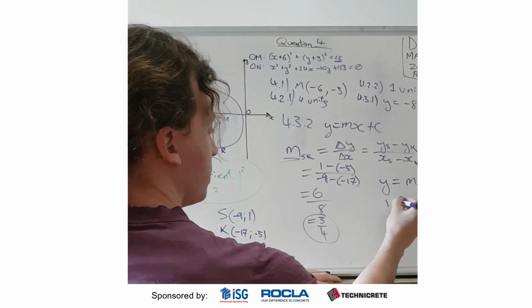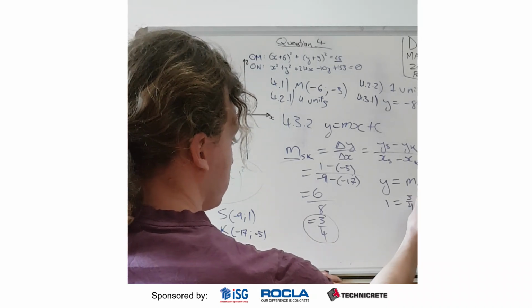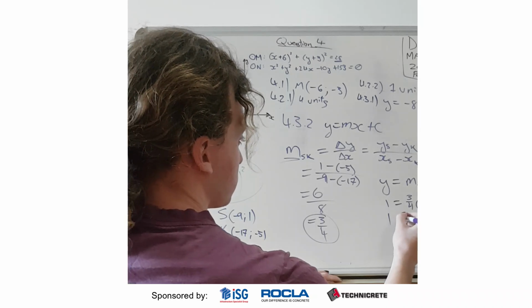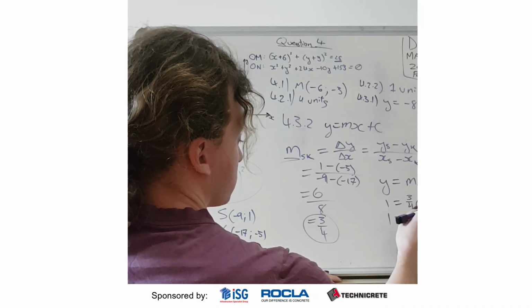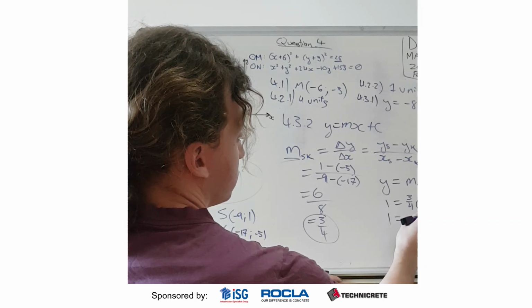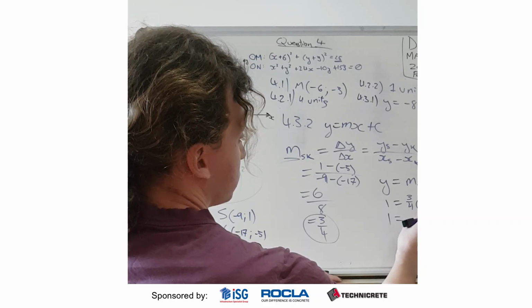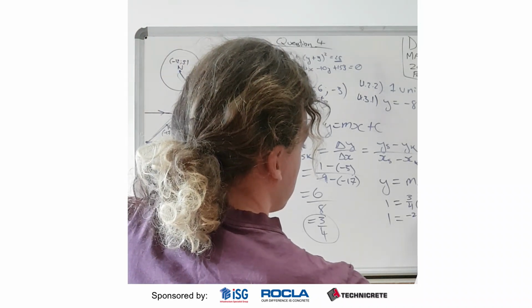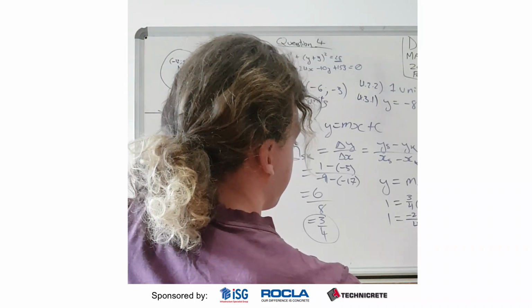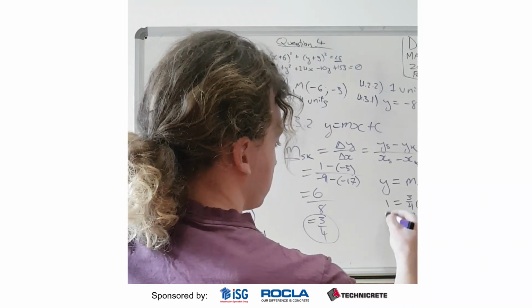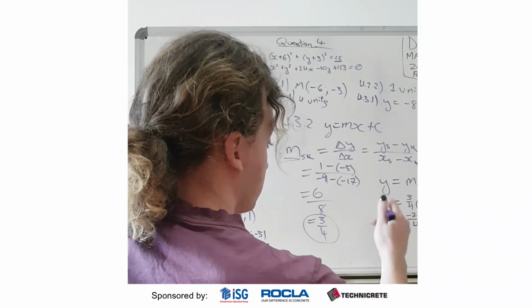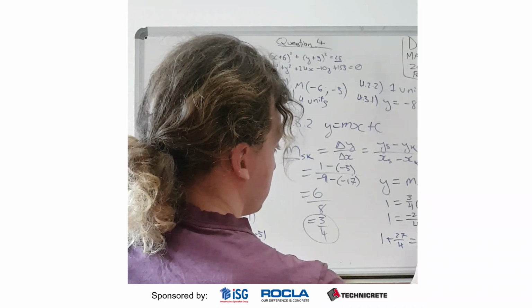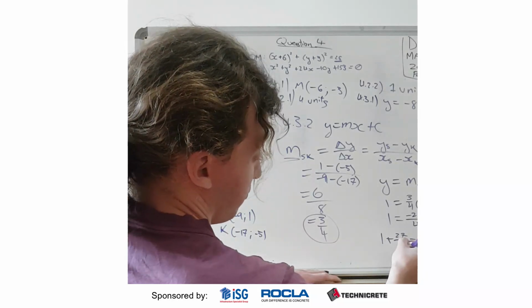Let's use S: 1 is equal to 3 over 4 times -9 plus C. 3 times 9 is 27, so that's -27 over 4 plus C. Take the 1 across: 1 plus 27 over 4 is equal to C. That 1 is just equal to another 4, basically.